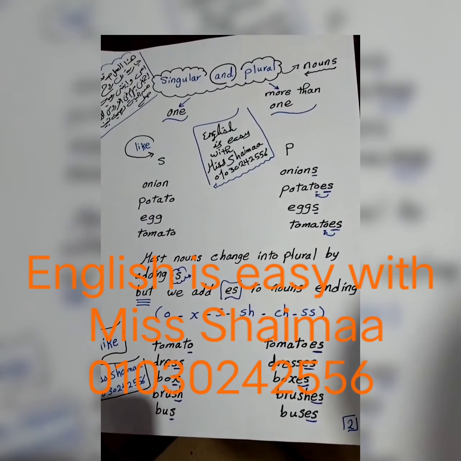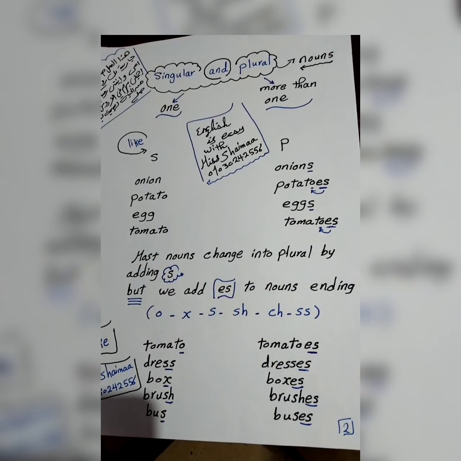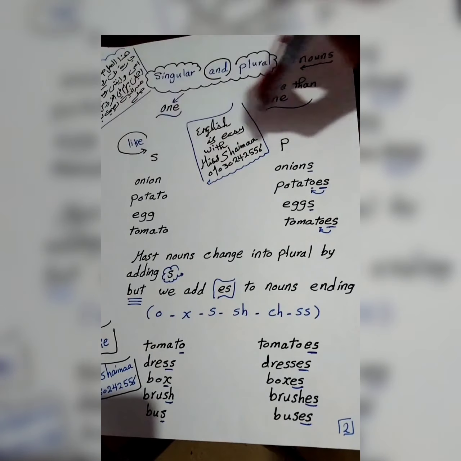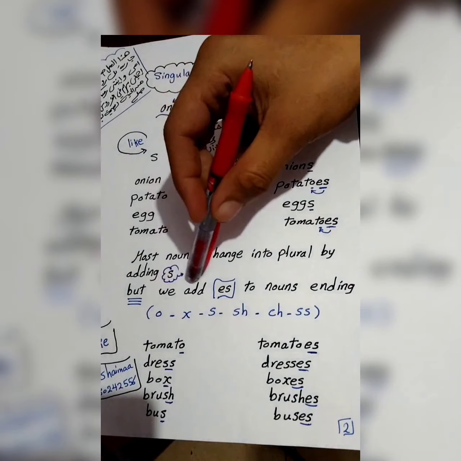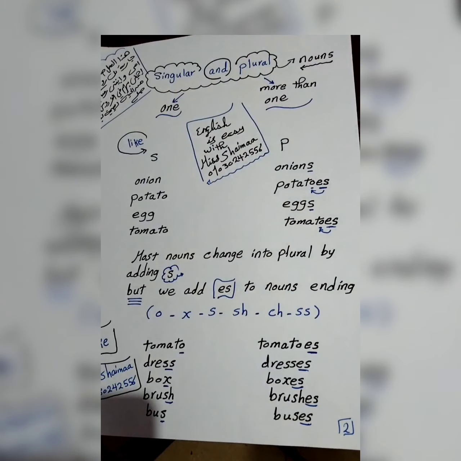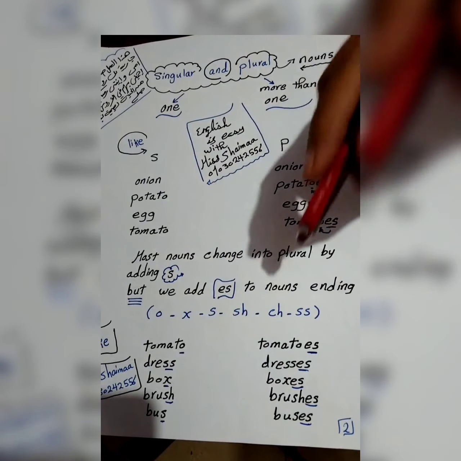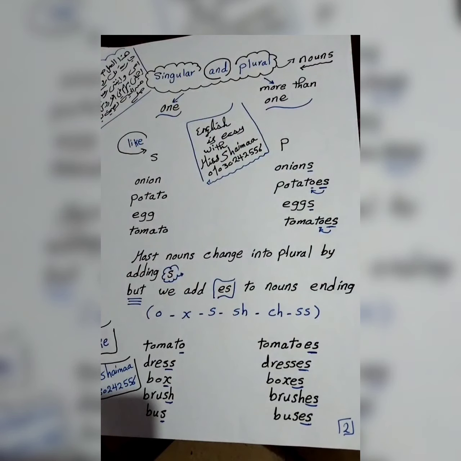Focus with me. Most nouns change into plural by adding the letter S at the ending of the noun, like onion, onions. But we add two letters, E and S, to nouns ending in these letters.